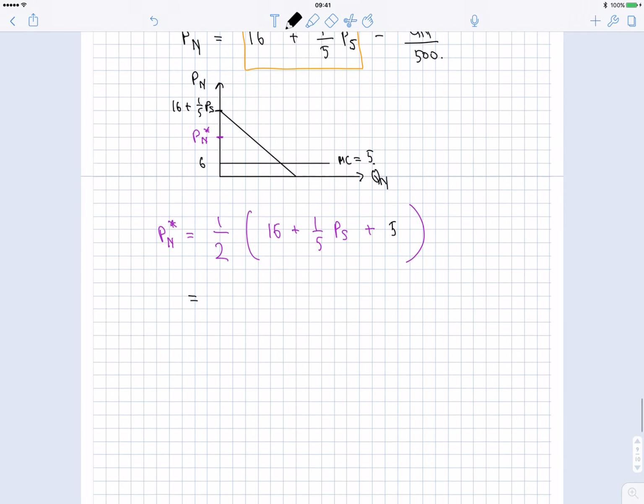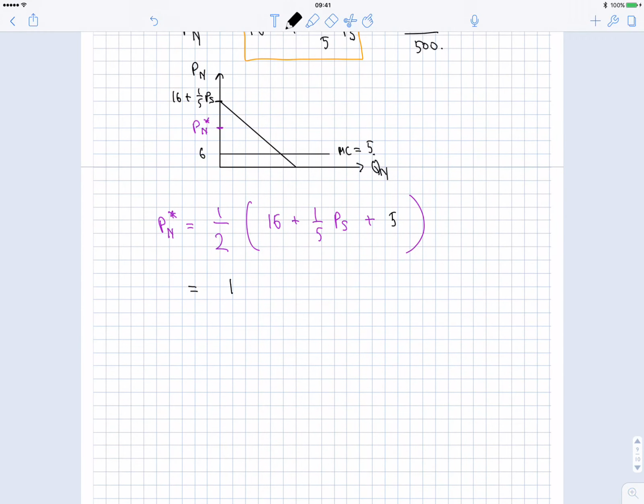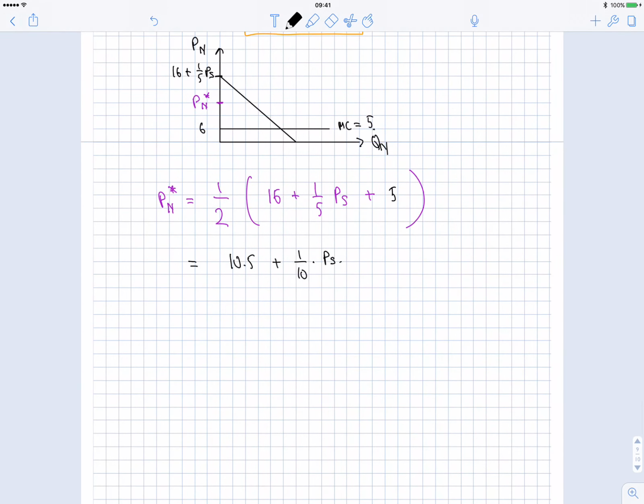So then I'll have 21 divided by 2 is 10.5, and 1/5 times 1 over 2 is 1/10, so plus 1/10 times PS. This is going to be the best response function of Pn as a function of PS.